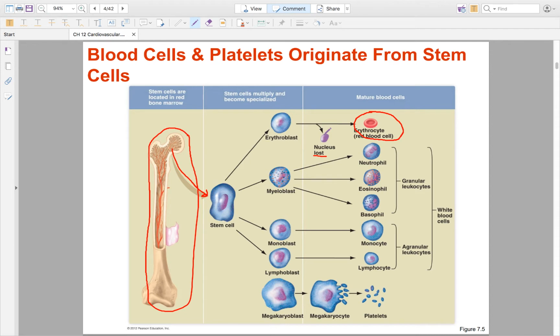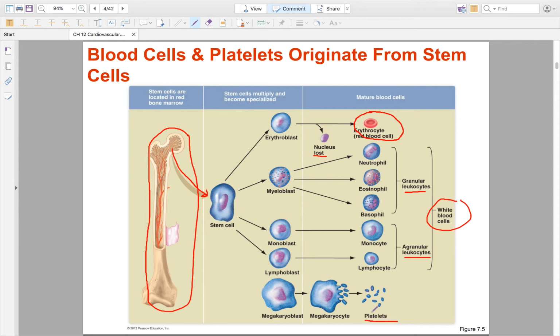Now we also have a range of white blood cells called leukocytes. We have both granular leukocytes and agranular leukocytes. And then, of course, we have our platelets.